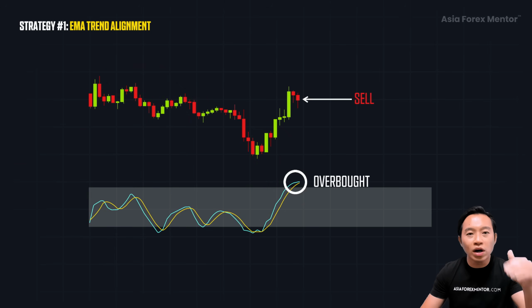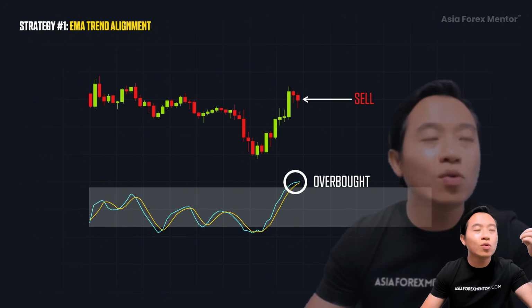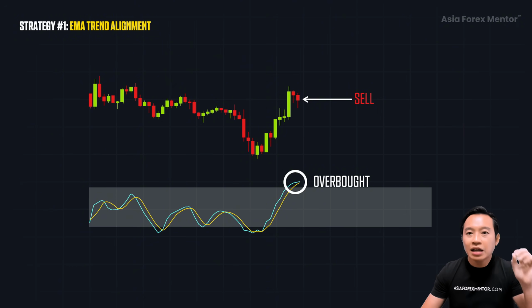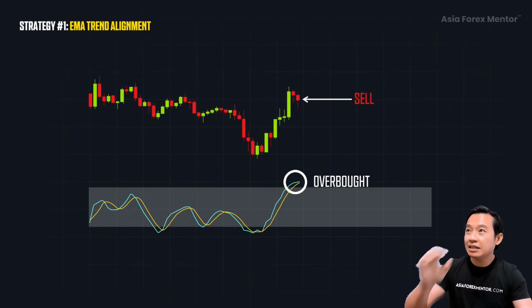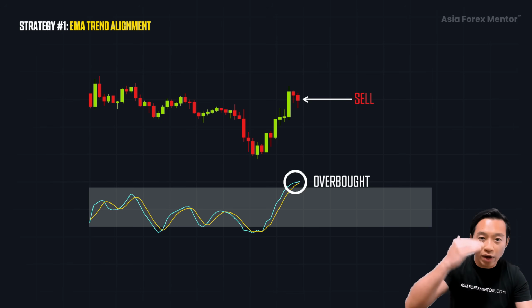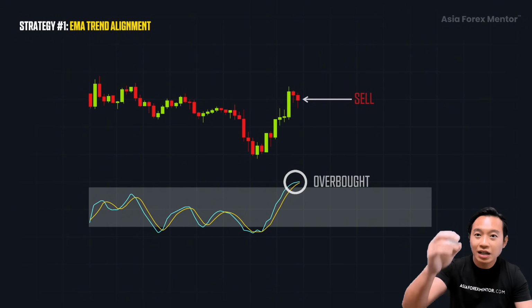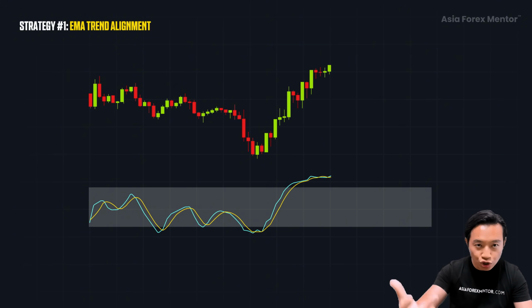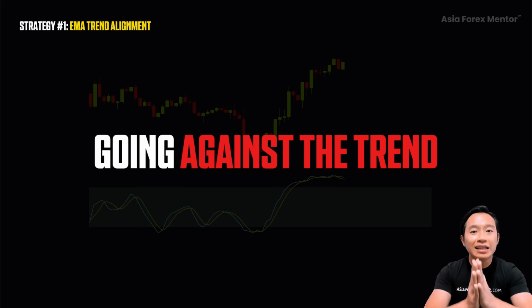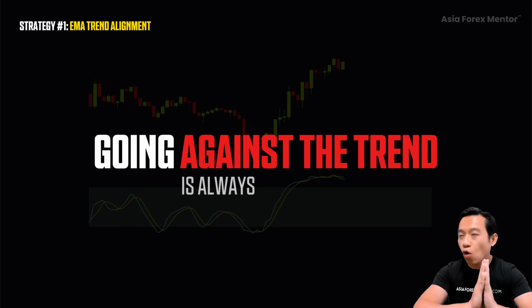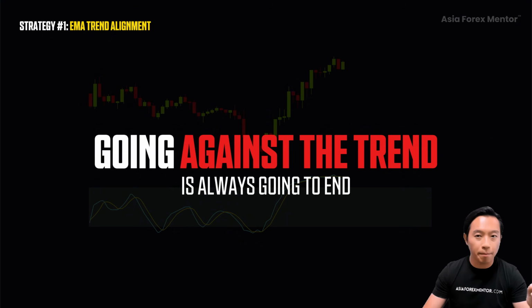They sell too early when the market goes into the overbought zone, thinking, oh, it's time to sell. No. You've got to realize that even when the market goes into the overbought zone, the momentum is still in full control. So going against the trend is always going to end badly.